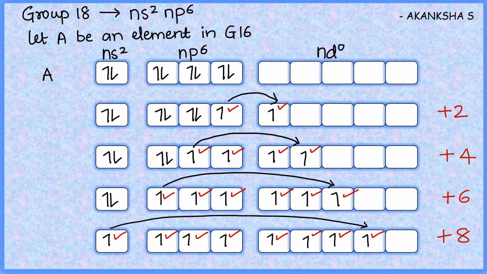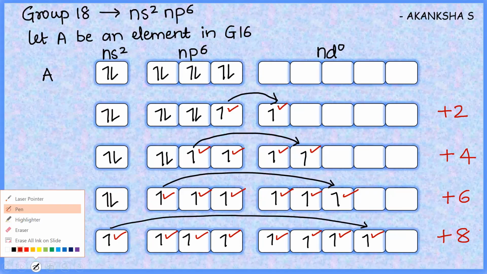Xenon's atomic size has gone pretty huge, right? So xenon as an element can give you good oxidation states like +2, +4, +6. +8 rarely achievable. So group 18, not much on giving out ideas. They are actually inert.